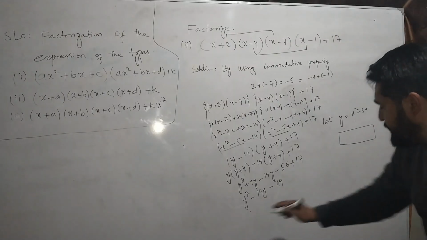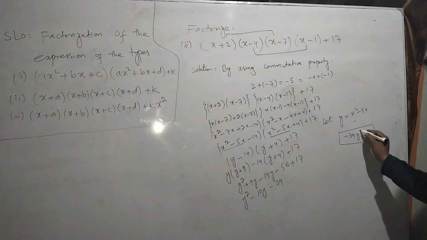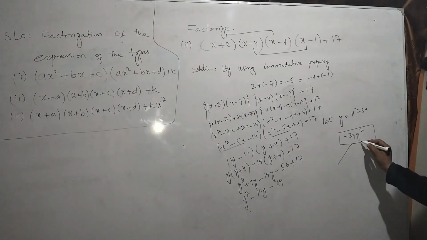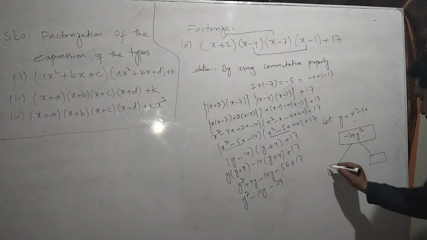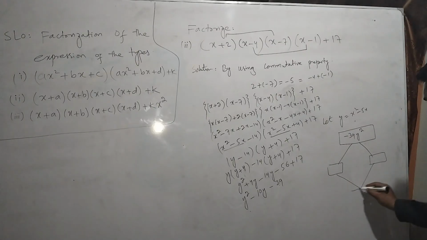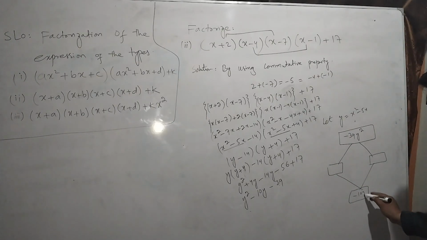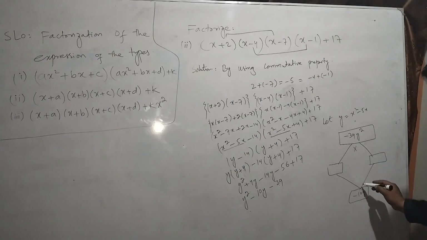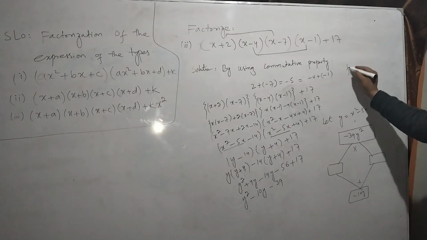If we multiply these two, our answer is minus 39 y square. What is our middle term? Our middle term is minus 10y. Okay, now we find the factors of minus 39 y square.